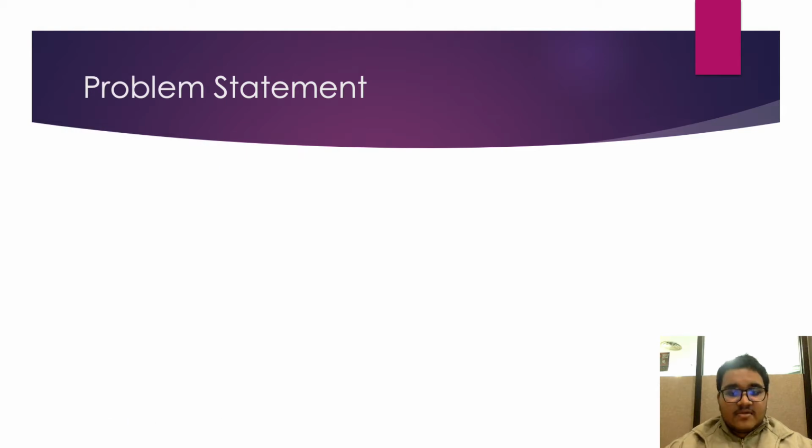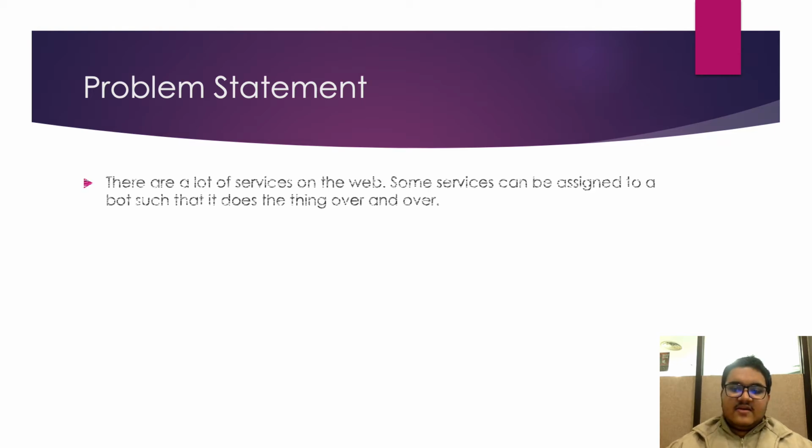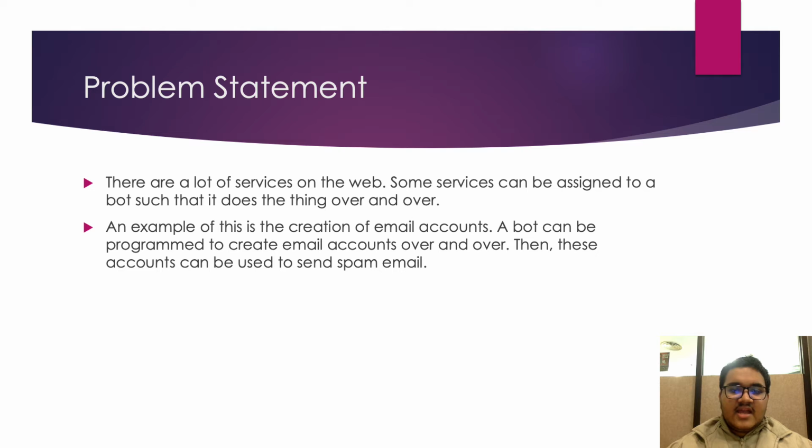My problem statement is that there are a lot of services on the web which can be automated using a bot, even though they are not meant to. For example, email services. A bot can be set up to keep creating accounts on an email server, and then I can use these accounts to send spam email.